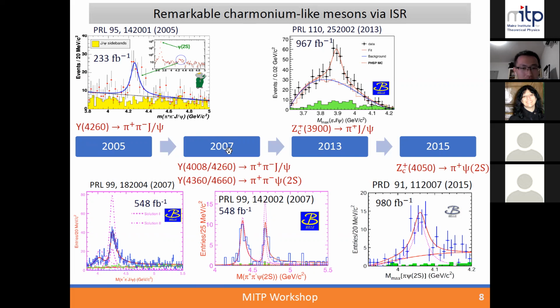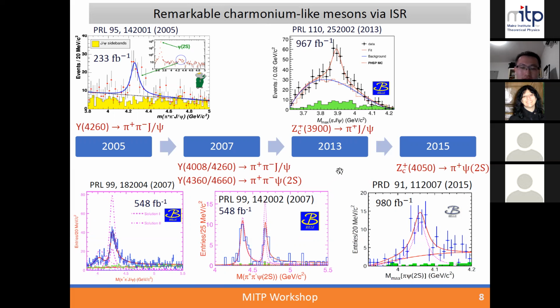And then in 2017, the Belle experiment observed two Y states, confirmed the Y(4260) in the pi pi J/psi final state, and also made another observation of the Y(4360) and Y(4660) in the pi pi psi(2S) final states, with the 548 inverse femtobarn data.